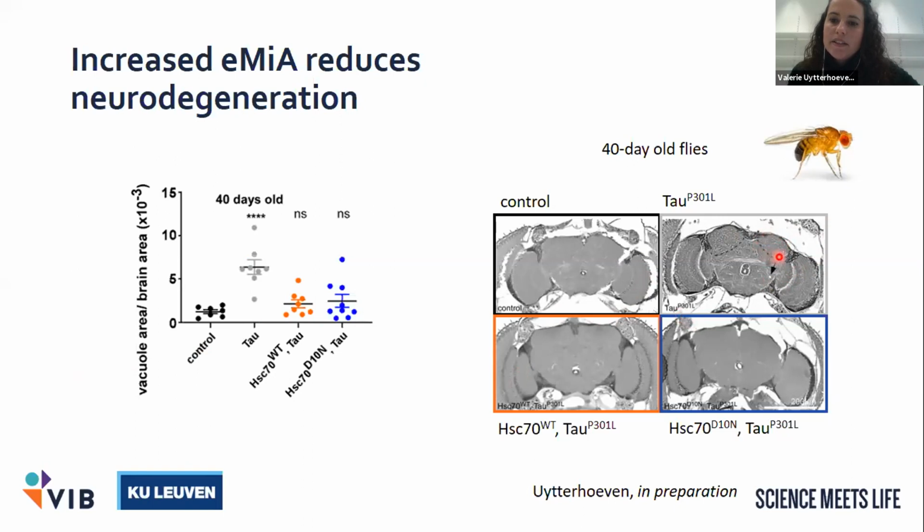And here, these upper parts of the brain, they have tiny, tiny holes. They look like a sponge. So in total, we have an increase of this vacuole area in the brain of adult flies expressing mutant tau. And this neurodegeneration can also be rescued when we express wild-type HSC70 and chaperone defective HSC70.